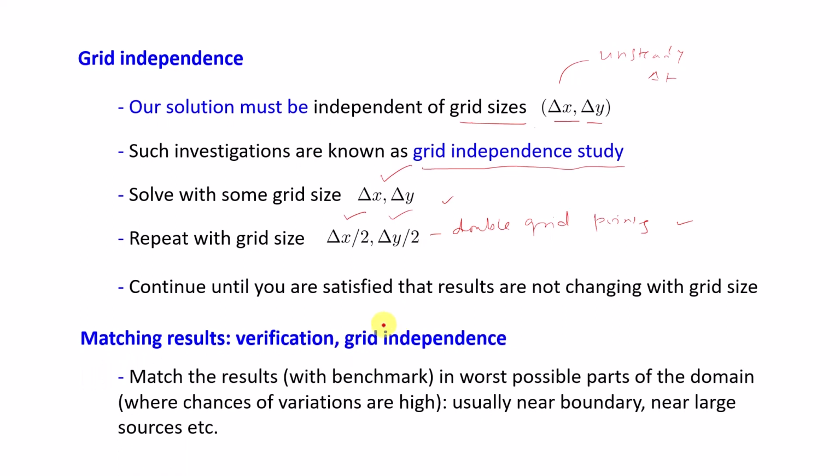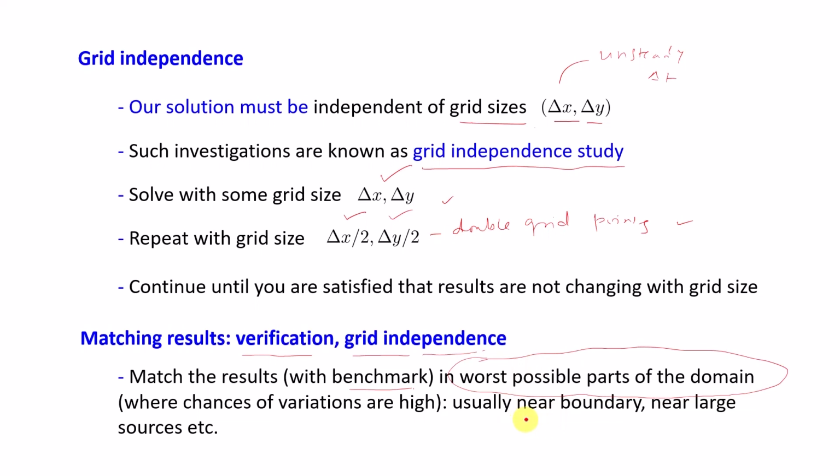Finally, we have to match results. We have to verify with a benchmark solution. We have to check for grid independence. When we match results with our benchmark, we will match in the worst possible parts of the domain, not everywhere in the domain. We will match quantitatively. Just qualitative matching, where they look the same, is not good enough. We have already done quantitative matching. You have seen in the case of one-dimensional and transient heat conduction, we have done quantitative matching with the analytical solution. So similarly, you have to do quantitative matching on the portions where you expect that there will be a chance of mismatch.